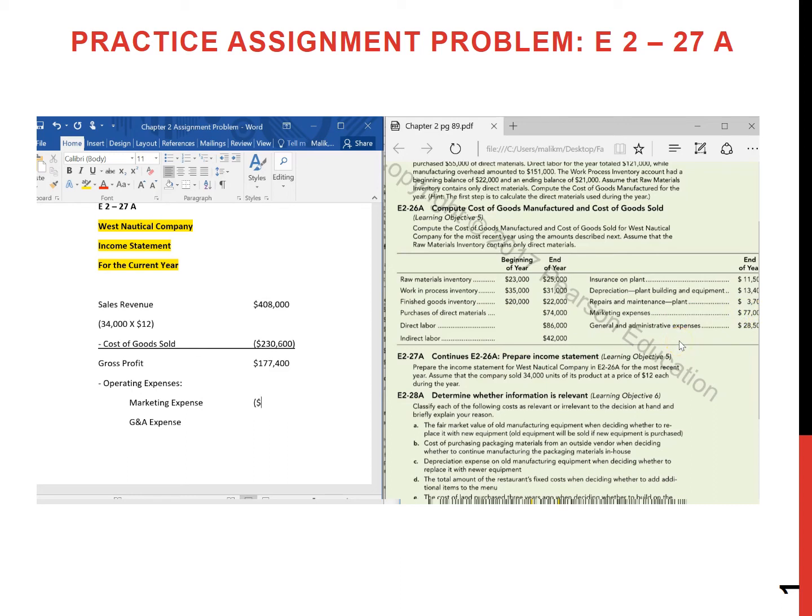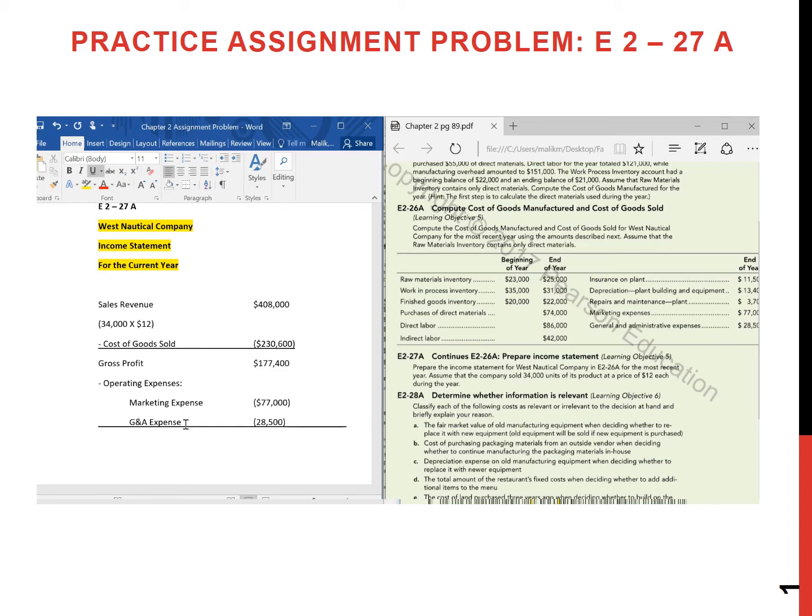$77,000. So I'm going to subtract our marketing expense, which is 77,000, and our G and A expense, that means general and administrative expense, is 28,500. So now I will subtract that one too. That is 28,500. And this is how you will find your operating income, or you can also call it your net income if you don't have any other expense item.